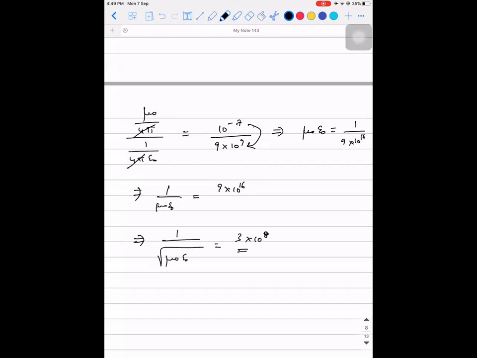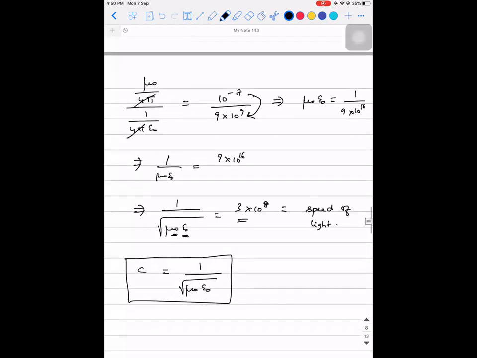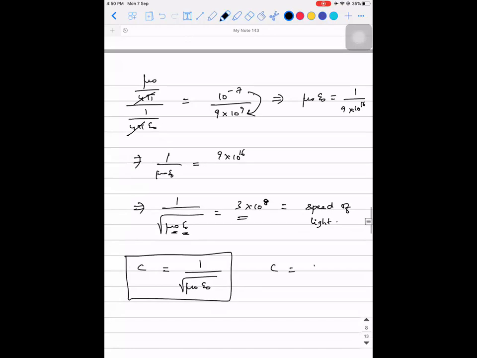What is this value? Speed of light. So this is the speed of light in vacuum, because mu naught and epsilon naught is what we are going to speak. So are you guys able to understand? So going forward, we will use C is equal to 1 divided by root of mu naught into epsilon naught also. The same thing can be derived when you write C is equal to E divided by B also.